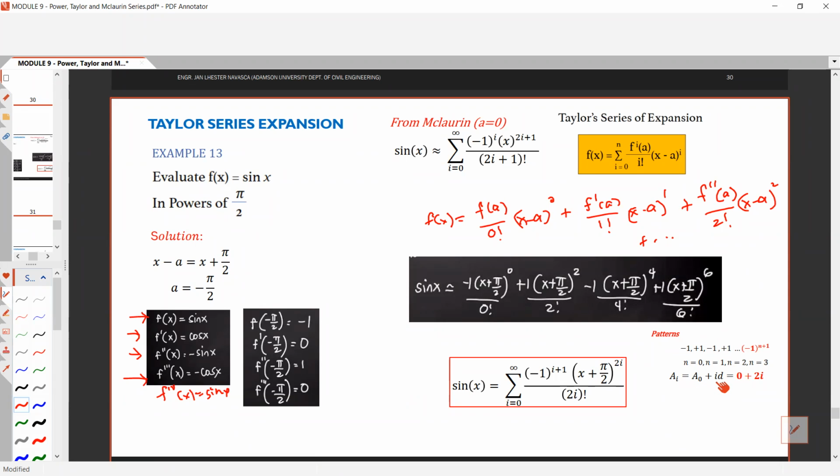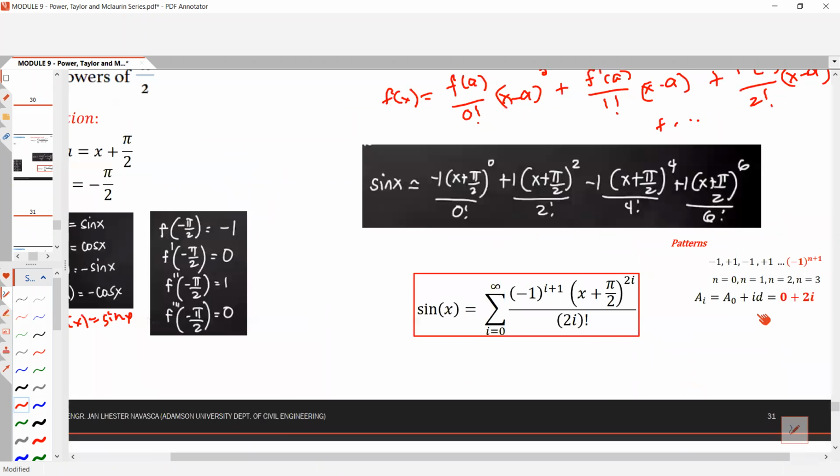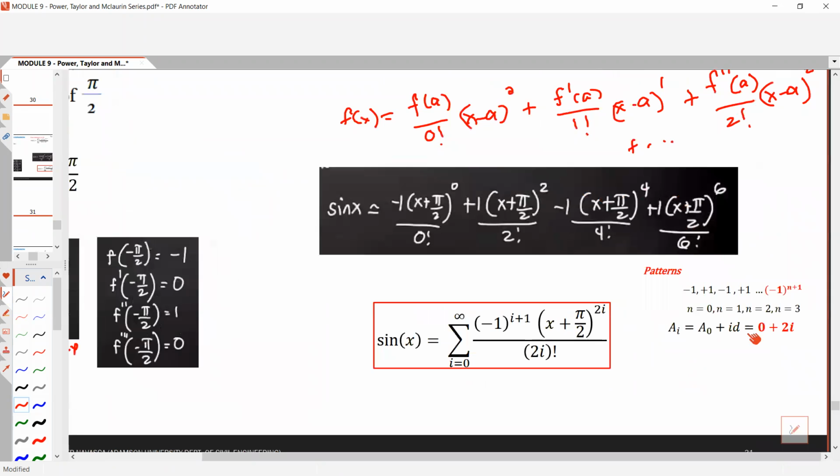So if we use our arithmetic series, so series 0, 2, 4, 6, that is simply 0 plus 2i. So 2i lang yan. So pwede mo na siyang i-rewrite. So -1 raised to i plus 1, x plus pi over 2, yung powers mo is naka 2i over 2i factorial. So that is sine of x.